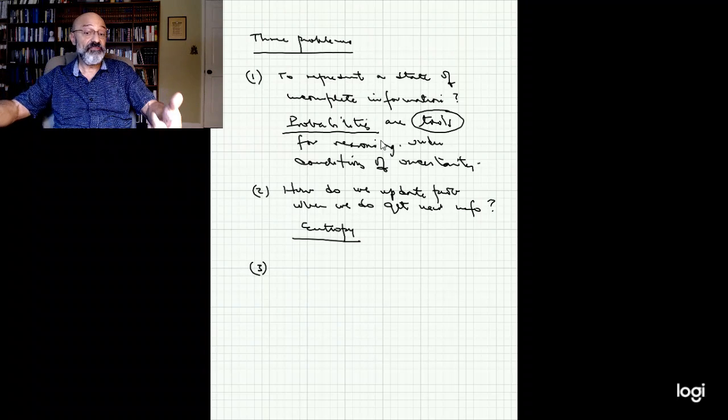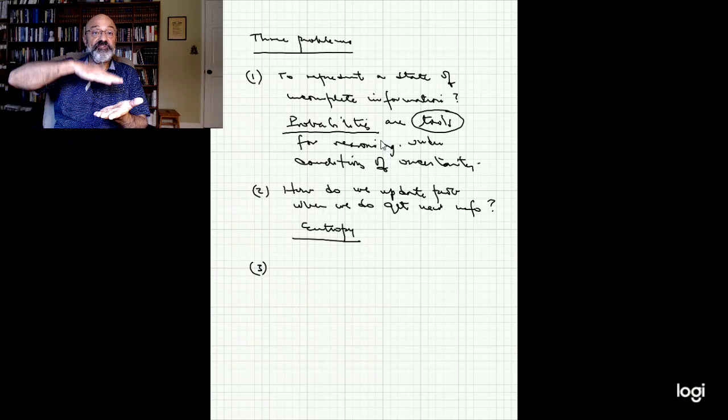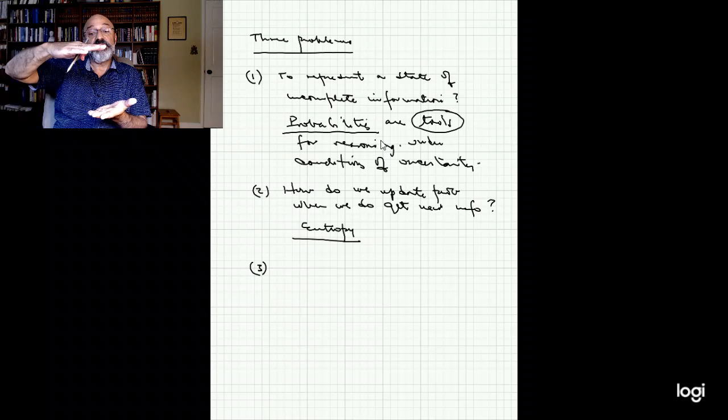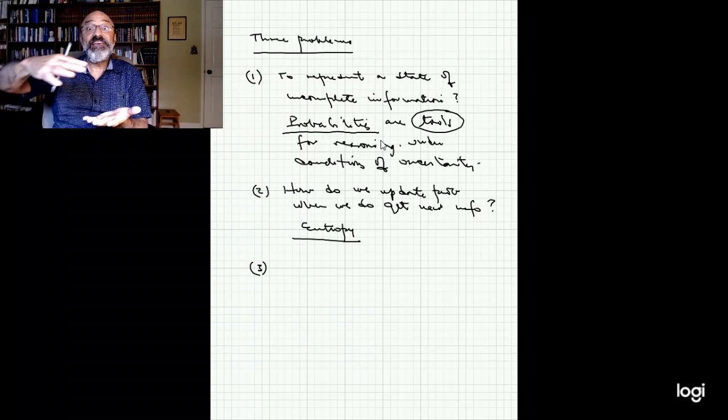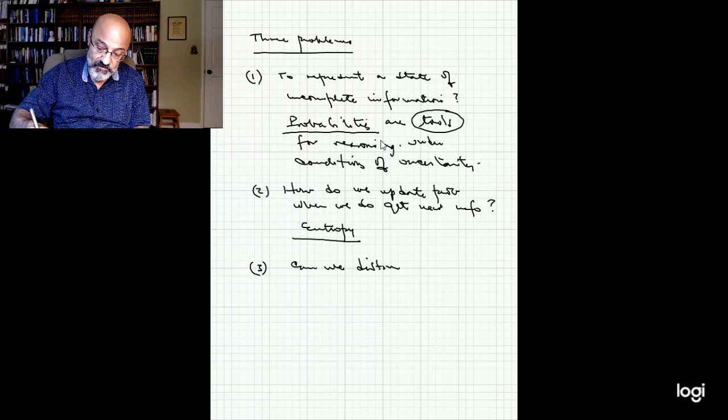Does it make any difference? When you update from one probability distribution because you acquired some information to another probability distribution, did it make any difference? Can we distinguish probability distributions?